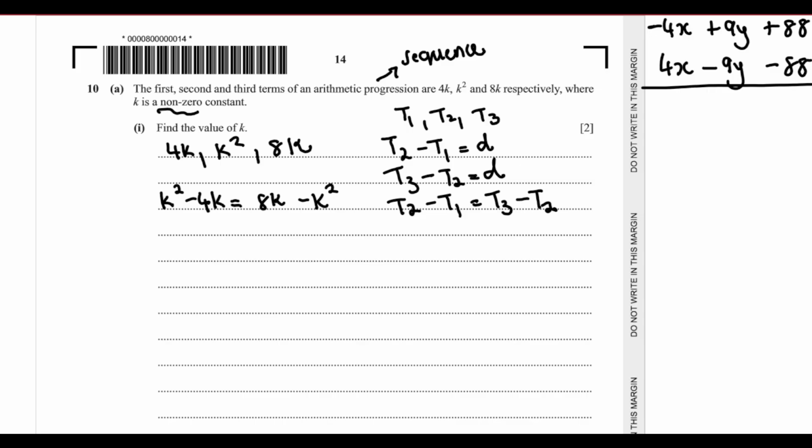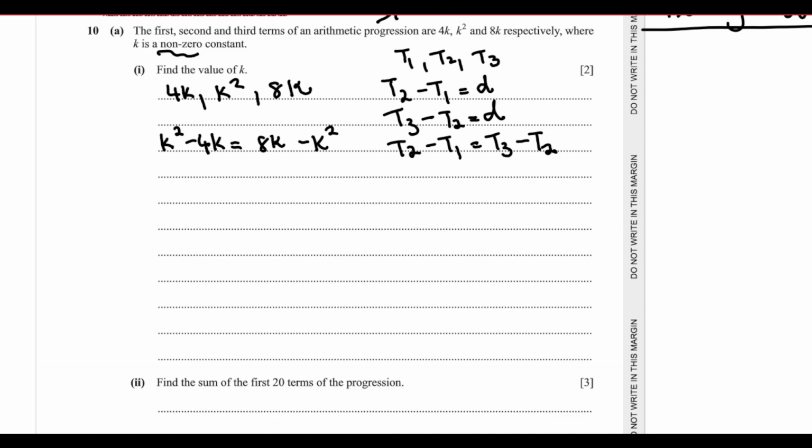Okay, let me bring everything to the left basically. k squared plus k squared minus 4k minus 8k, 2k squared minus 12k. Now we can factorize this. I can take out the 2 and a k. I'll have left k minus 6.